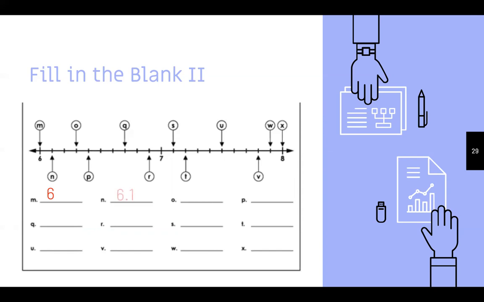N, 6.1, 6.2, 6.3 is O, 6.4 is P, 6.5, 6.6, 6.7 is Q, 6.8, 6.9 is R, 7, 7.1 is S, 7.2 is T, 7.3, 7.4, 7.5 is U, 7.6, 7.7, 7.8 is V, 7.9 is W, and 8 is X.